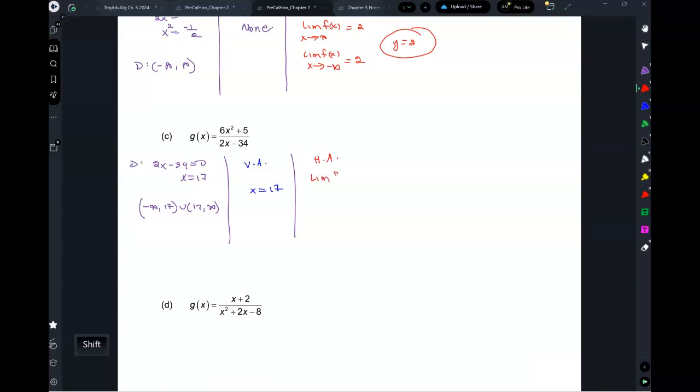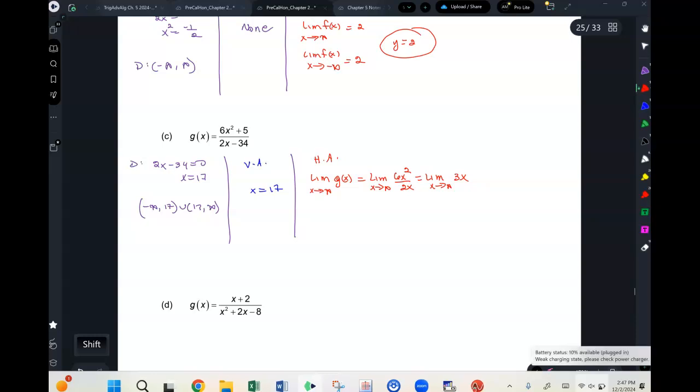Limit of g of x as x approaches infinity. This will be the limit as x approaches infinity of 6x squared over 2x, which will be how much? 3x. So as x approaches infinity, it'll be 3 times infinity, which is infinity.